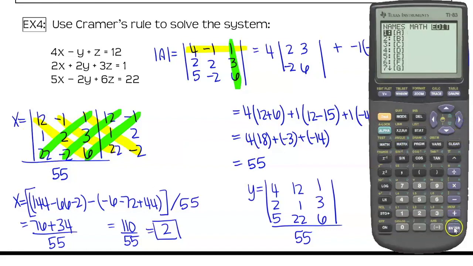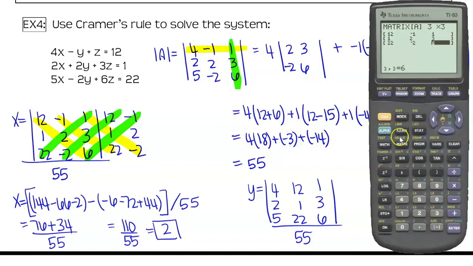Then we'll go over to matrix and then to edit. I'm going to make it a 3 by 3. And then put these values in: 12, negative 1, 1, 1, 2, 3, and then 22, negative 2, and 6.